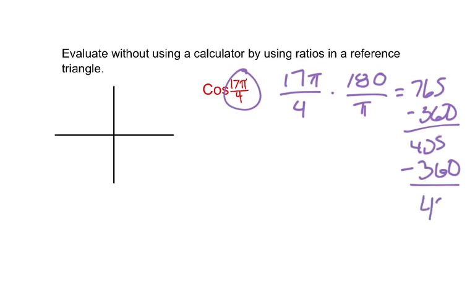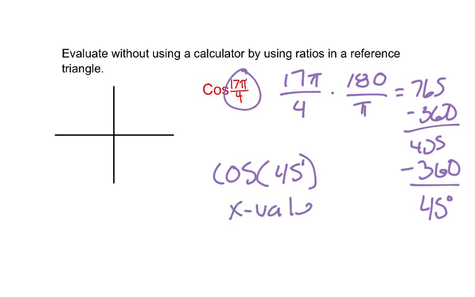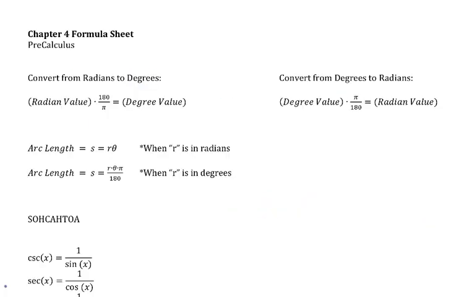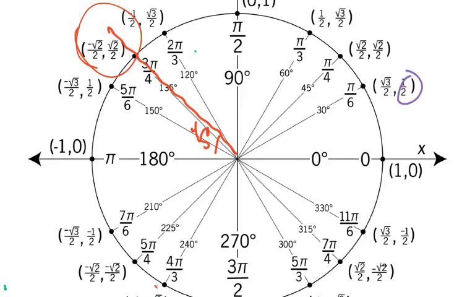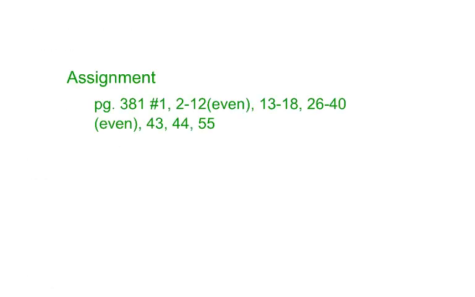And so it's 45 degrees. And so we want the cosine of 45 degrees, which means that we want the x value at 45 degrees. So the x value at 45 degrees is here, x value square root of 2 over 2.